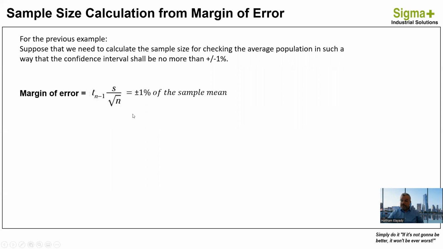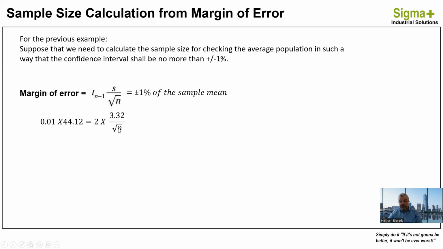So by just applying all the numbers, 0.01 multiplied by the population mean or the sample mean, which is 44.12, equal to the t-score, which we found to be equal to 2, multiplied by the standard deviation of the sample that we calculated the first time, which is 3.32, divided by the square root of the sample size.